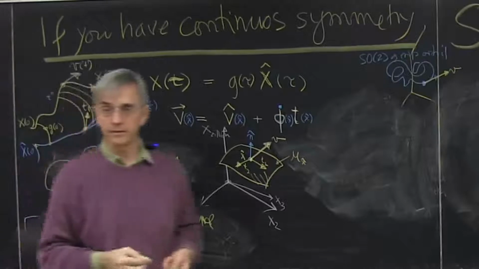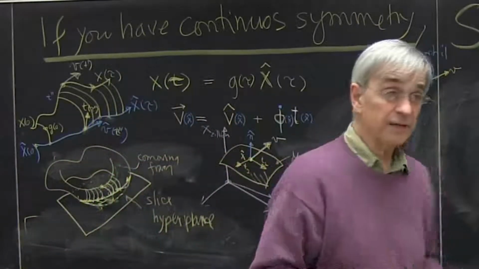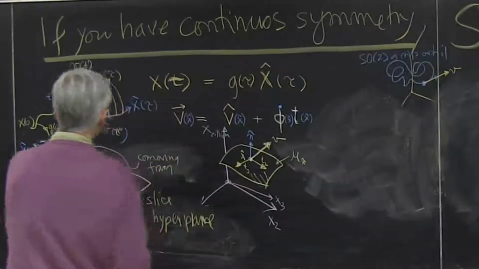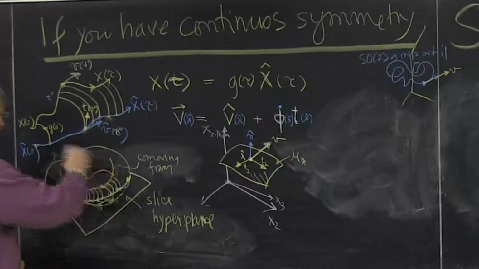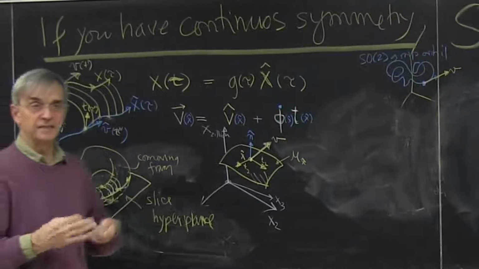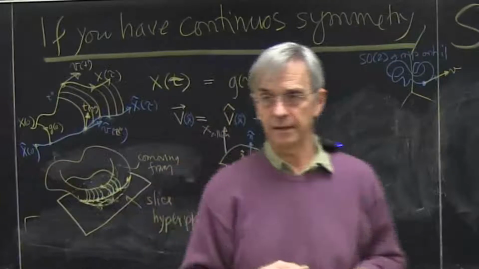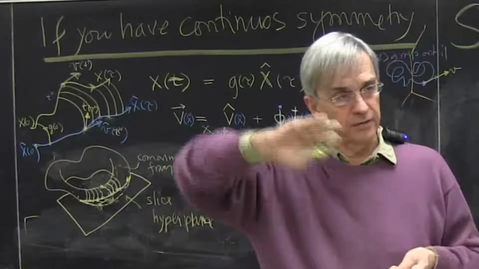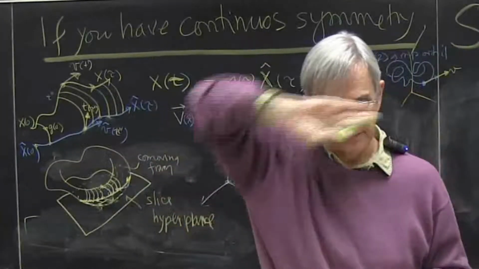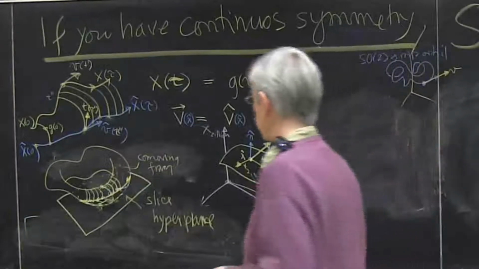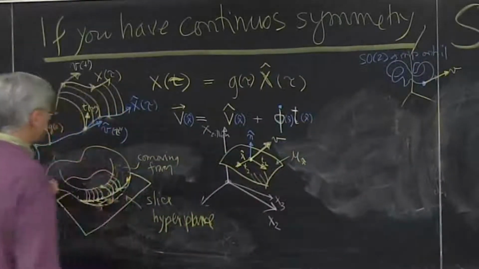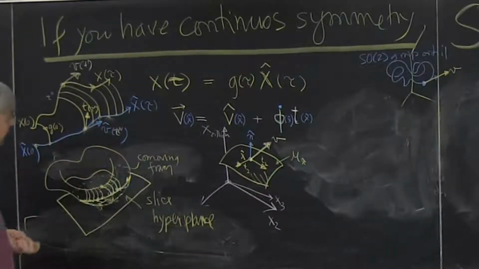So at least local is good. Now the global strategy is that when this guy fails me, I put another slice hyperplane, and another slice hyperplane, until I've cut my bagel, until every part of the bagel I've sliced sideways in such a way that I've cut all the orbits of interest for me.